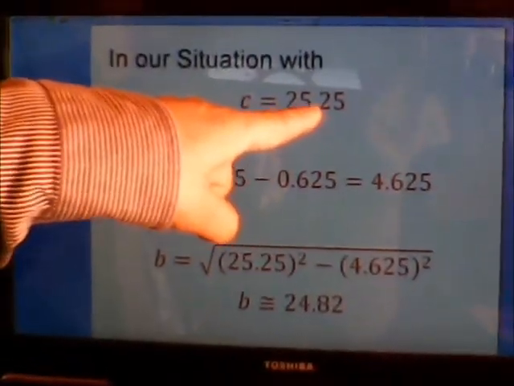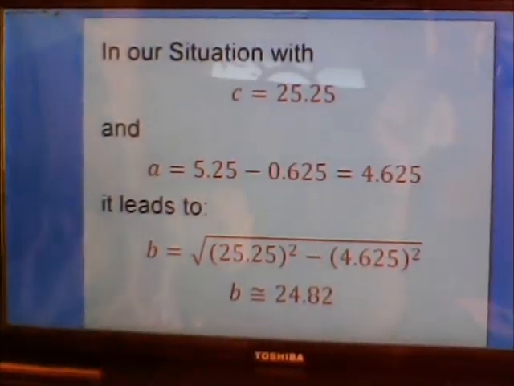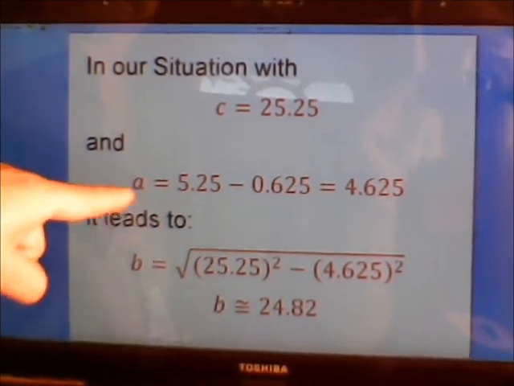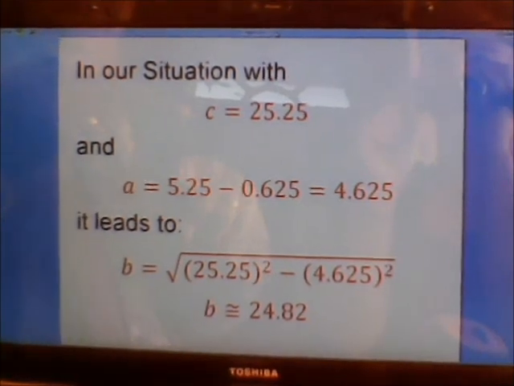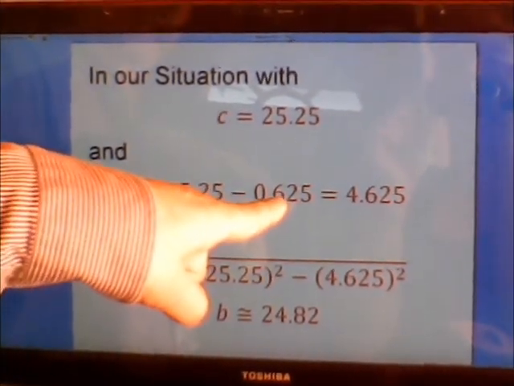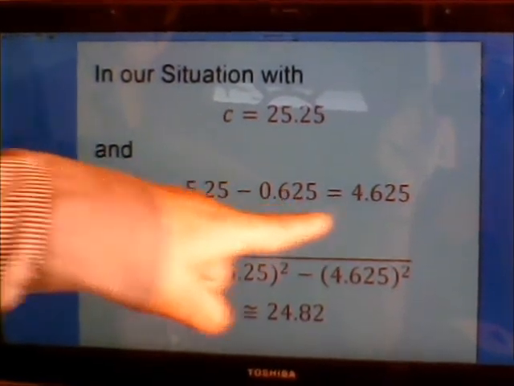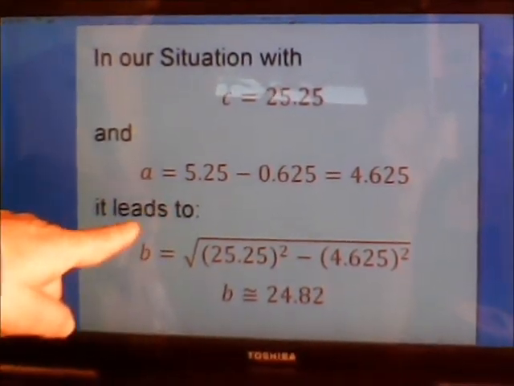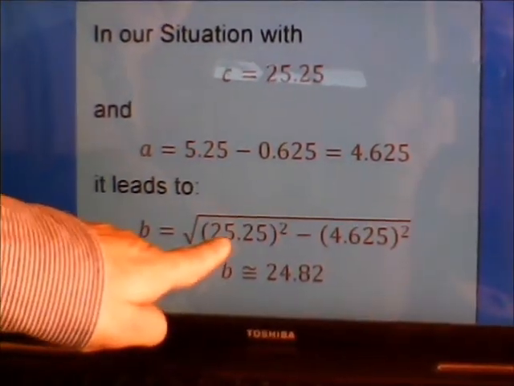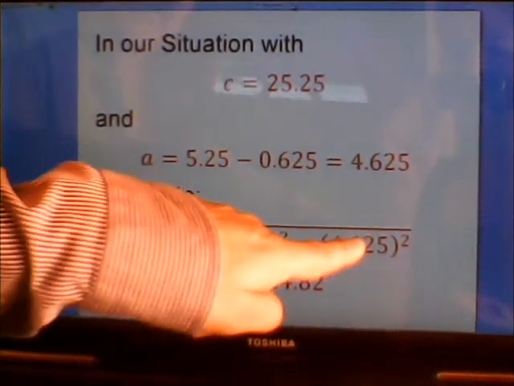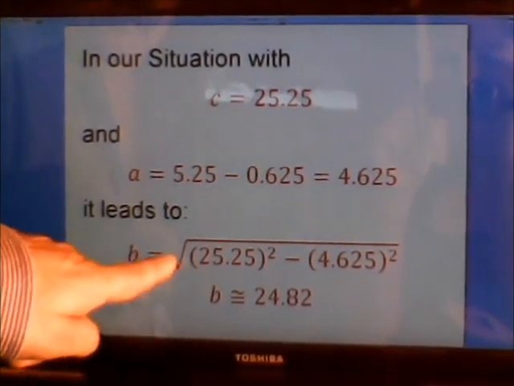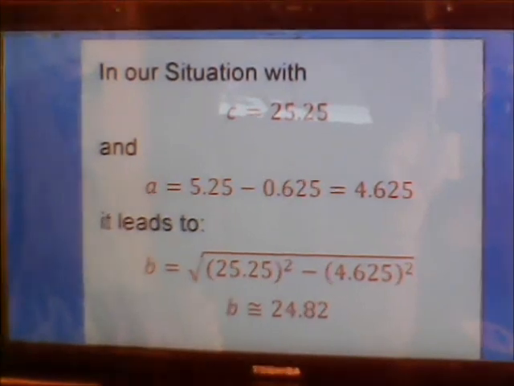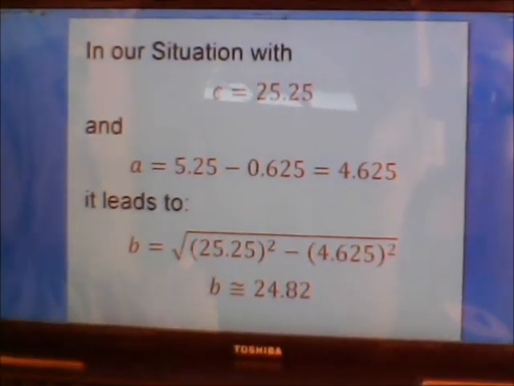We measured 25¼ for the distance between the holes on the radiator. We measured the length of the front assembly and had to subtract 5/8 of an inch, which makes it 4.625, and the whole equation leads to B equals the square root of C squared minus A squared, which comes to 24.82, which is pretty close to 24¾ of an inch.